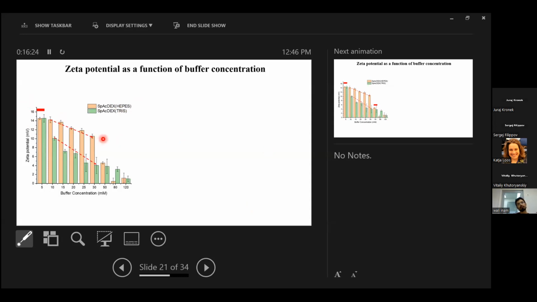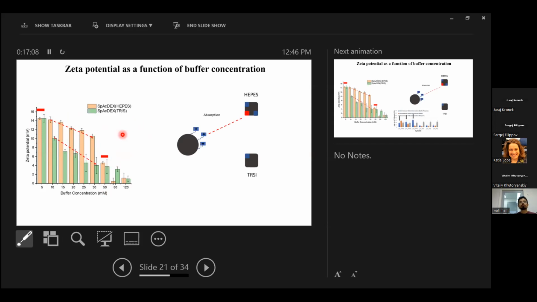But what is very interesting is that in Tris, there is a steeper decline in zeta potential, while in HEPES the zeta potential was not suppressed that steeply and didn't change that much. However, if you follow ahead, at 50 millimolar their zeta potentials start to match with each other. So something is happening at this point which makes the zeta potential of SPX in HEPES different from Tris.